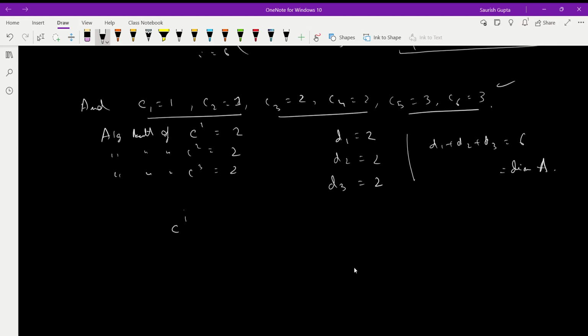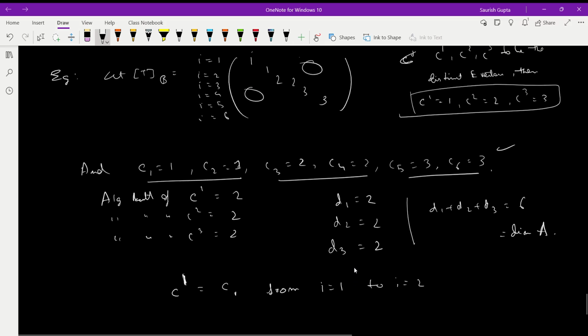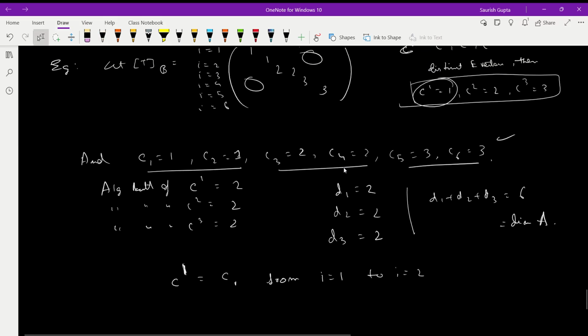Further, you can also notice that C upper index 1 is equal to C lower index i from i equals 1 to i equals 2, right?